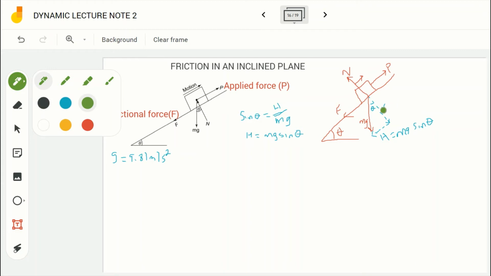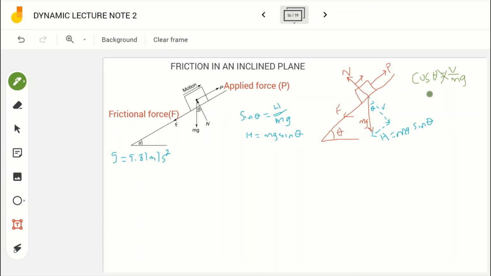So for the vertical, to find my V, I have to use cos. So cos theta will be equal to adjacent over hypotenuse. V is my adjacent, over the hypotenuse, which is my mg. So I want to make V the subject, so I will cross multiply.